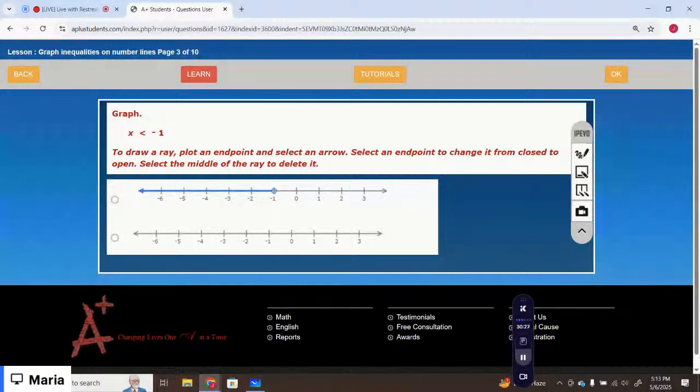X is less than negative 1. So which is the correct option? Option number one is the correct option.